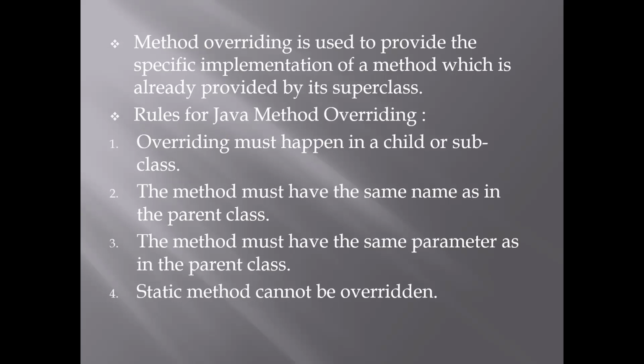No, it happens in some of the child classes. Also, the method must have the same name as in the parent class, and it should have the same parameters as well. And last one, a static method cannot be overridden. Only a normal method can be overridden. Static one cannot be.